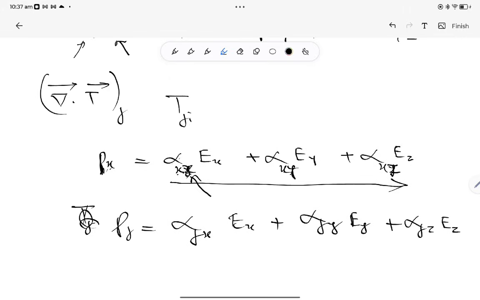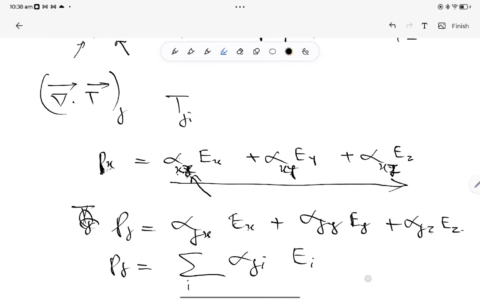Okay, now we can write this compactly as pj is equal to summation alpha ji, writing i for this second index, so we have ei. Now you have sum over i.